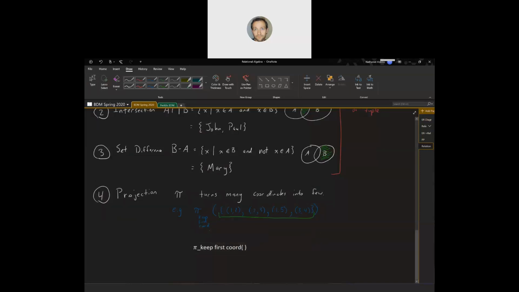So this pi function, it's a function, and it takes as input a set. And it outputs a set. Here, this set would be 1, 2, and 3.